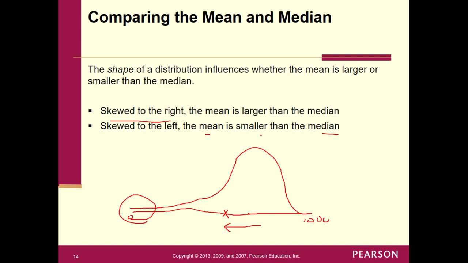So then there's going to be a point, maybe right here, where the median is located, and we would draw a line. That means we have 50% of the data here and 50% of the data over here. And so the mean is now smaller than the median when you have skewed left data. So you can visualize how all that's working.